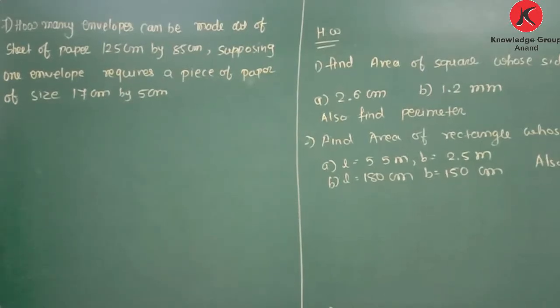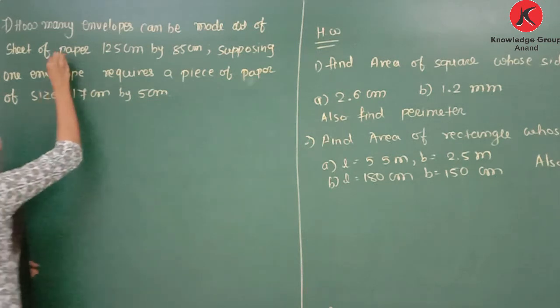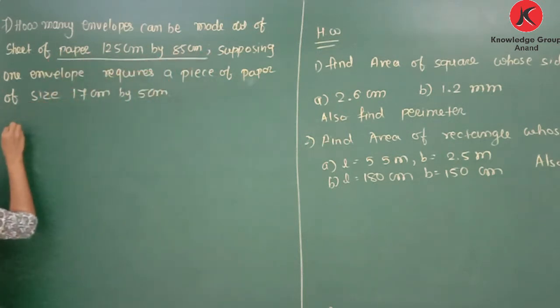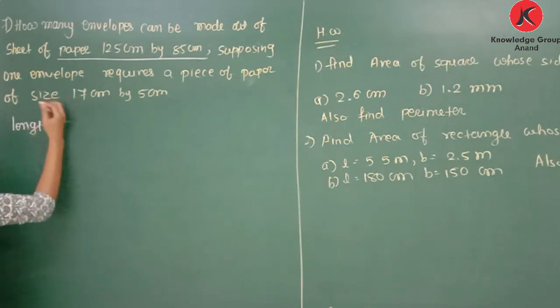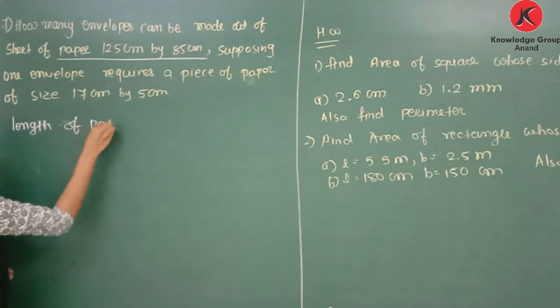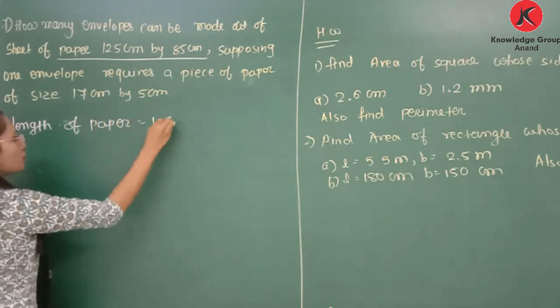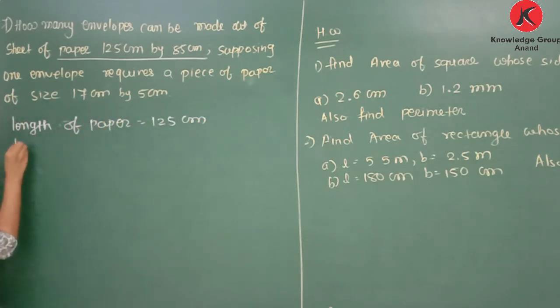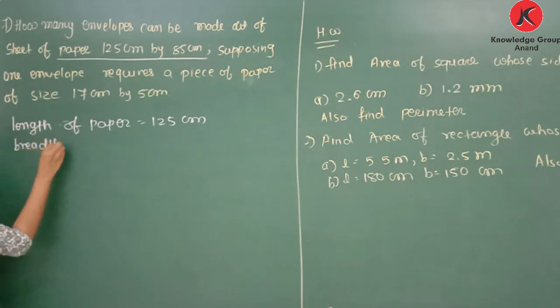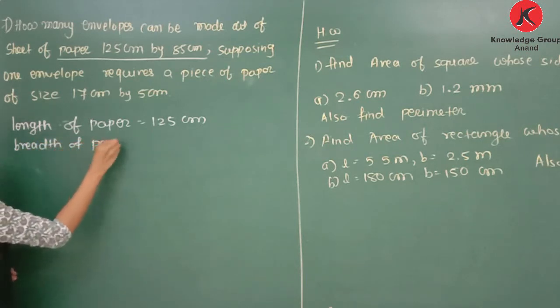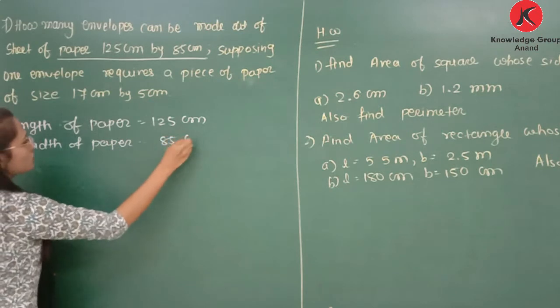Now next question. How many envelopes can be made out of a sheet of paper 125 centimeter by 85 centimeter? So here one paper is given whose length of paper is 125 centimeter, and breadth of paper is 85 centimeter.